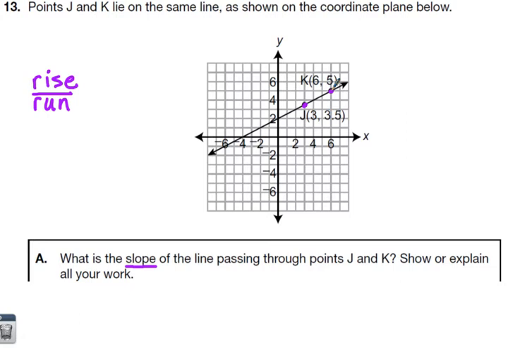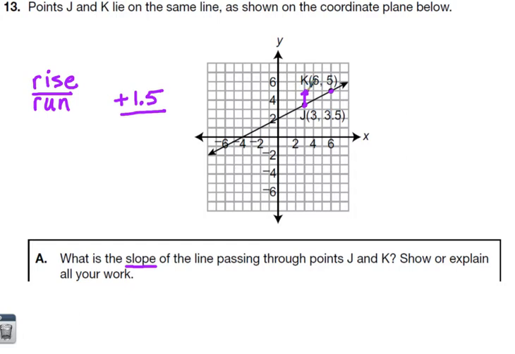So if we just go with these two dots that we know for sure are there and nice, we can just count. Starting here and ending there, for our rise we go up 1.5. And going up is a positive direction, so my rise is positive 1.5.